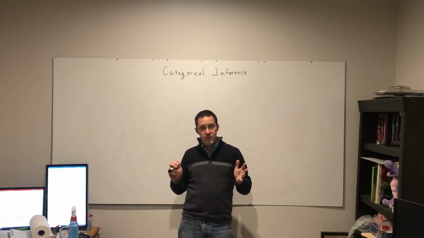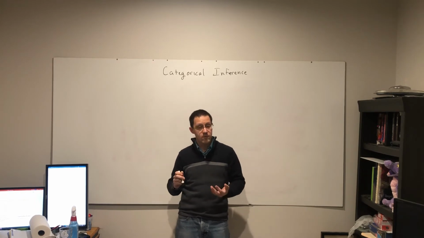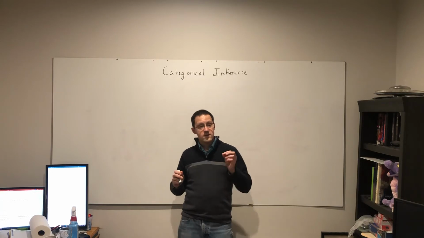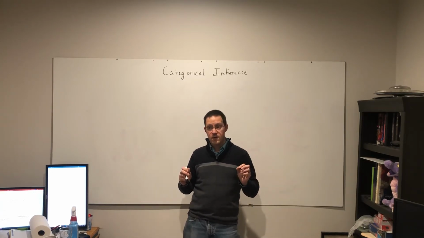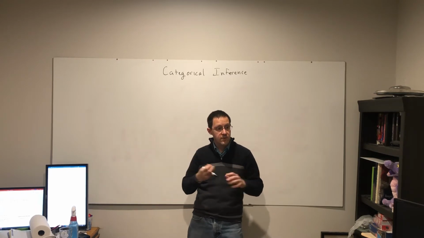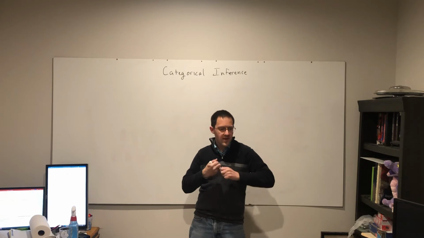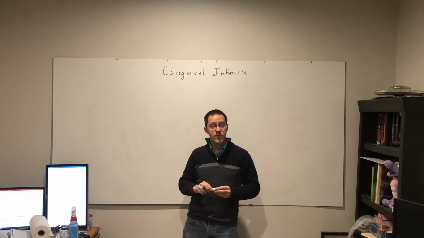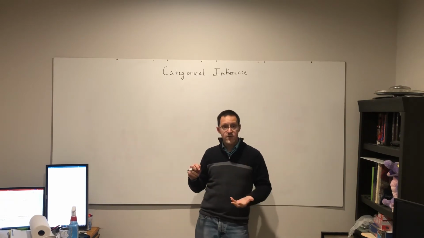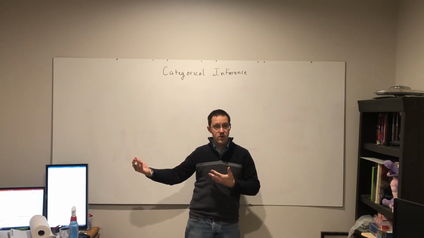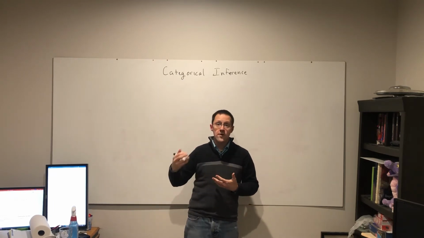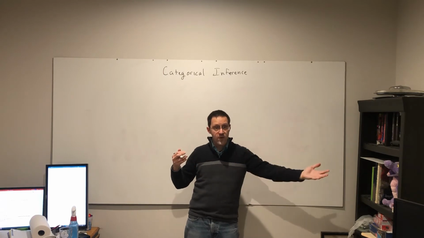This week's topic is looking at categorical inference, or inference with categorical variables. This is one particular set of illustrations of something we may want to do, and that is find the relationship between two variables. A lot of inference is things like, is this variable related to or affecting that variable?